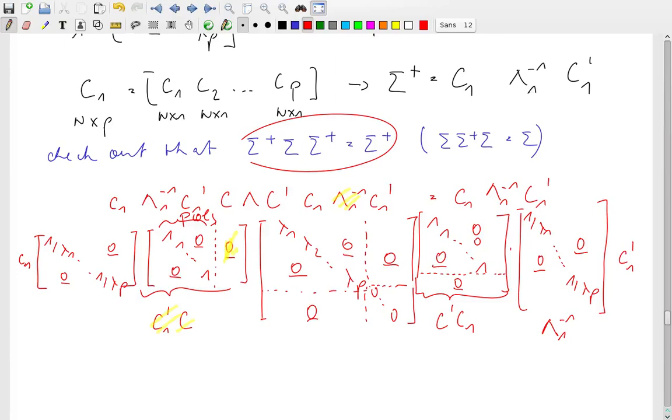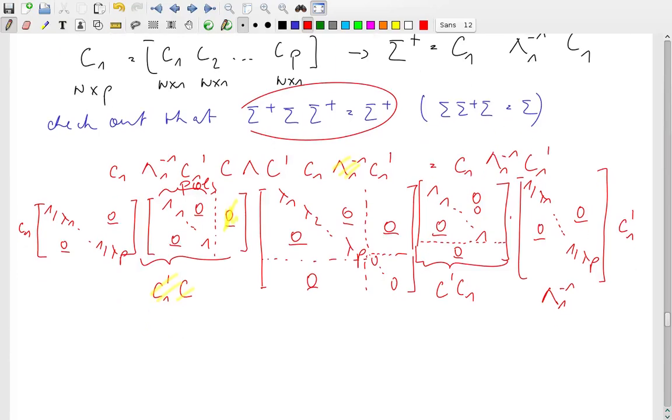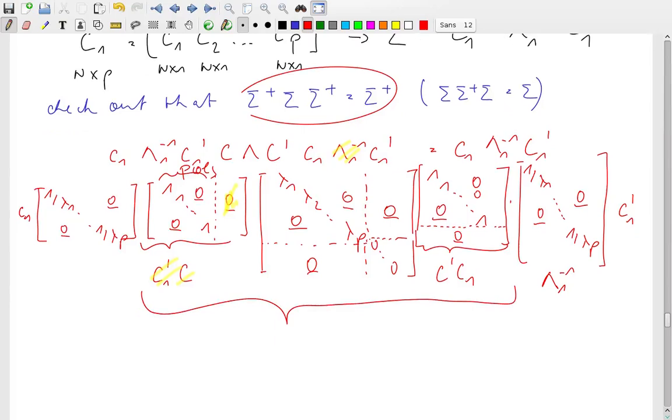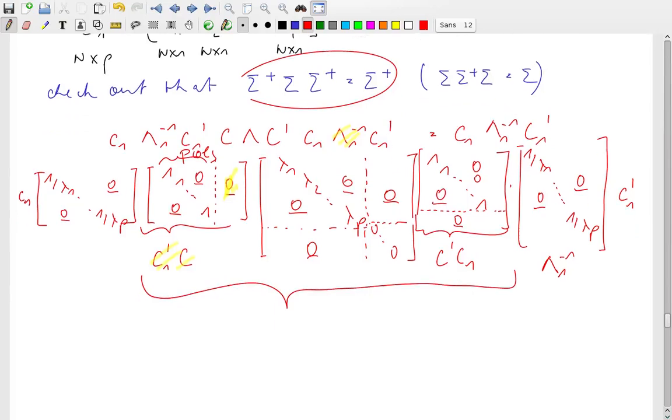Now, the thing to note is, if you take a look at these terms and multiply them, what you actually get is lambda 1. So you get this matrix which contains on the main diagonal the non-zero eigenvalues.